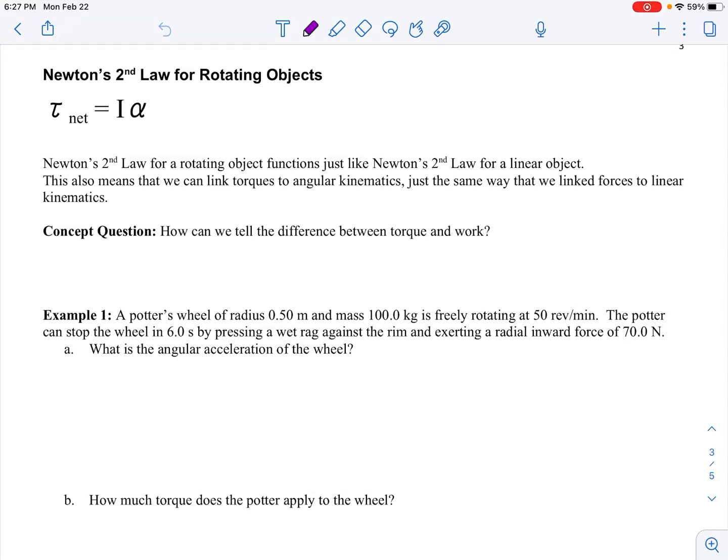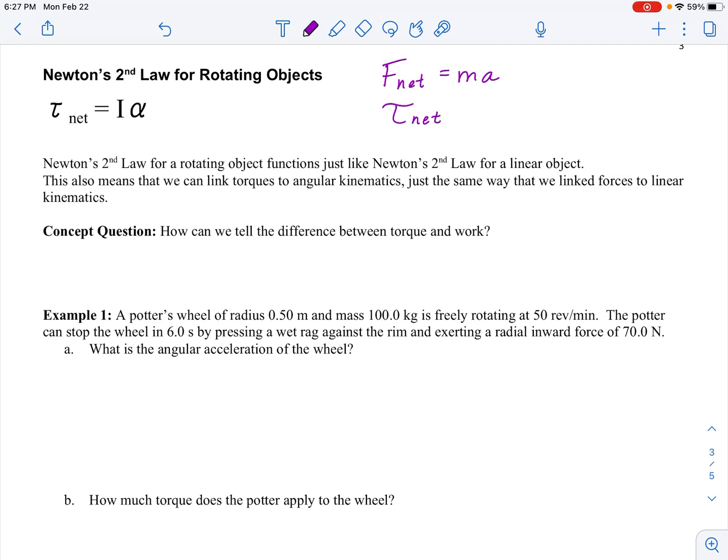So now we are going to apply the idea of torque to a rotating system. And what we're going to see is that if we take Newton's second law for linear systems, which is F net equals ma, we can create a rotational analog. What I mean by that is that these two situations are similar.